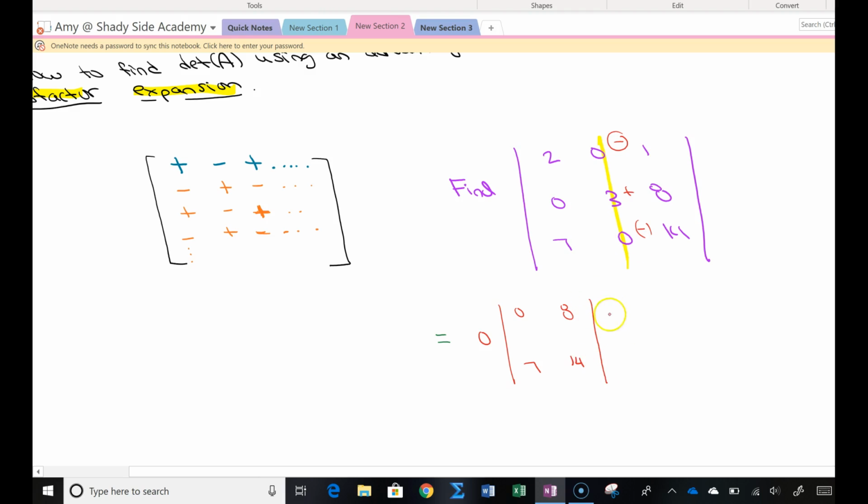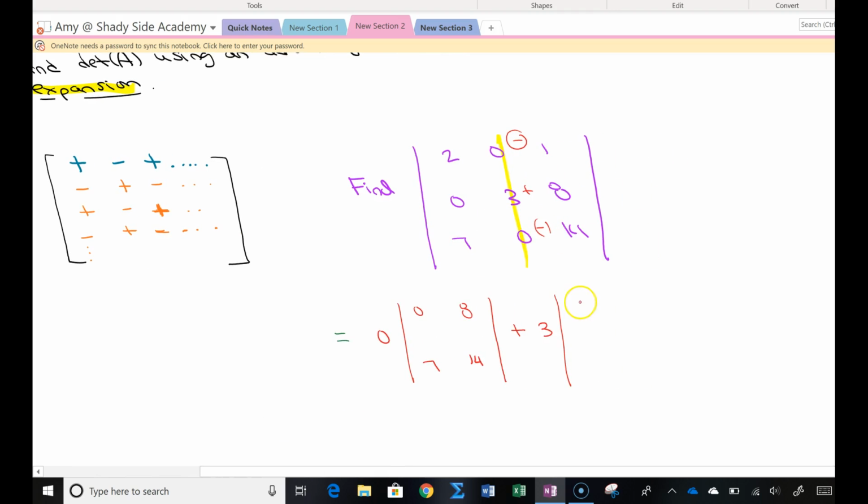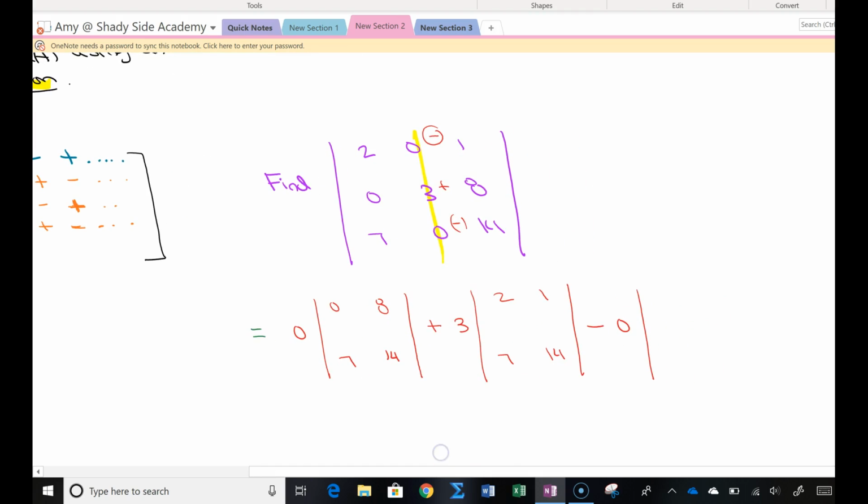Then plus the entry 3 times the remaining determinant, which is 2, 1, 7, 14. Then minus 0 times the remaining determinant when you cross out, 2, 1, 0, 8. The reason we chose to run down column 2 is because of the zeros.